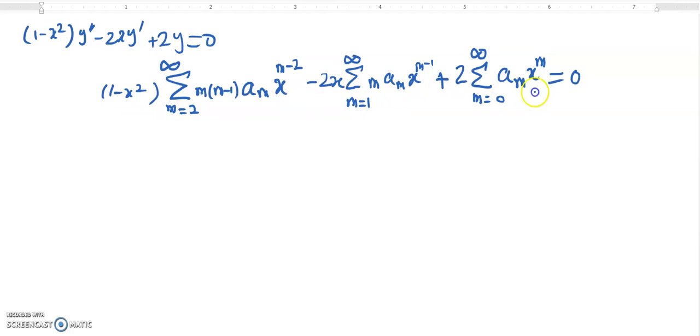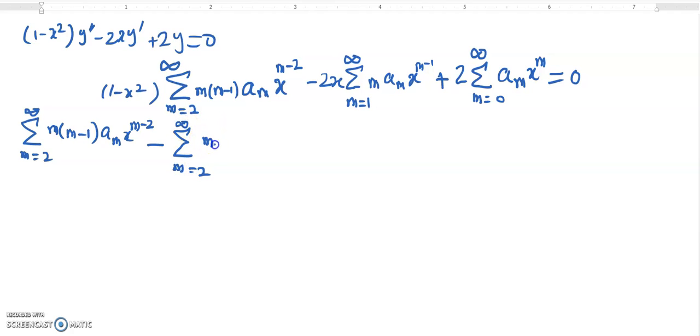So just sticking to the sigma notation, I can write it like this. 1 multiplied by this will be the same: sum from m equals 2 to infinity of m times m minus 1 a_m x to the power m minus 2, and now x squared multiplied by this, so I take the minus over here and multiply with x squared: sum from m equals 2 to infinity of m times m minus 1 a_m, and x squared times x to the m minus 2 will be x to the power m.